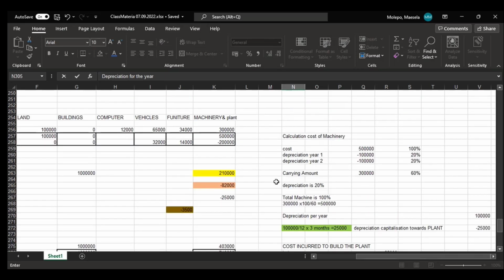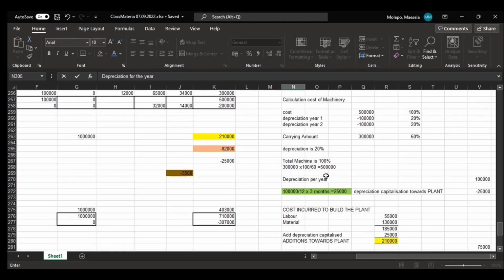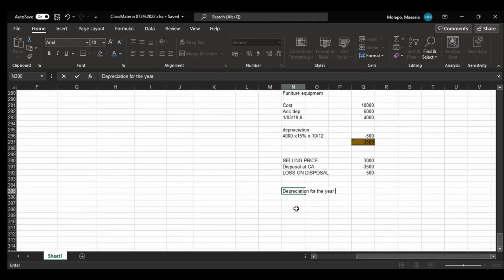We will say the carrying amount of the furniture, it was how much, as given? The furniture carrying amount given was 34,000, ne?